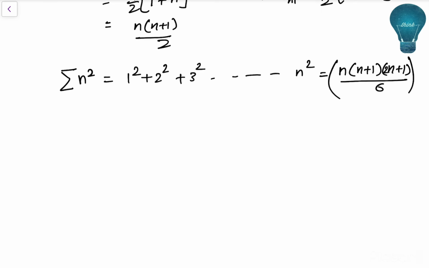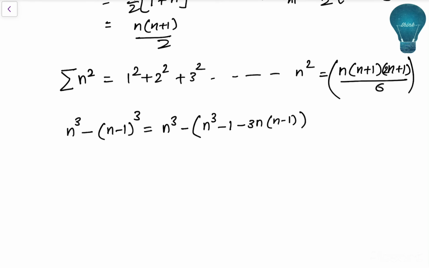We can write n cube minus (n minus 1) whole cube. This is n cube minus (n cube minus 1 minus 3n(n minus 1)).